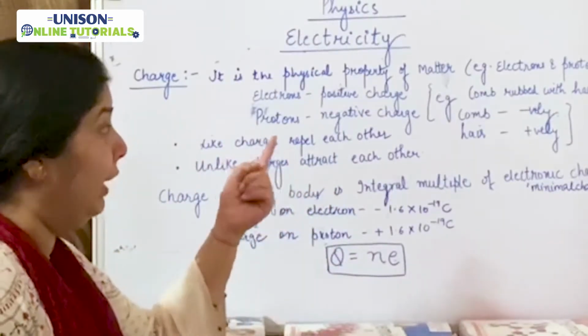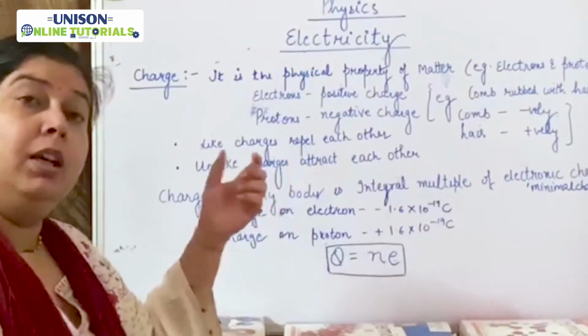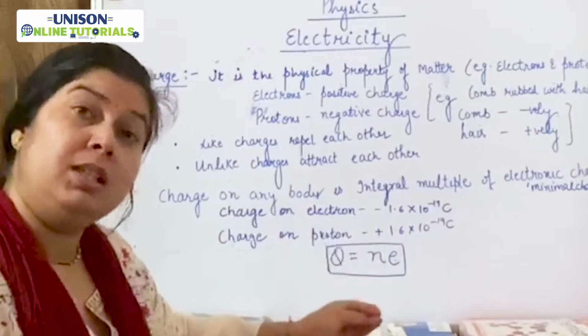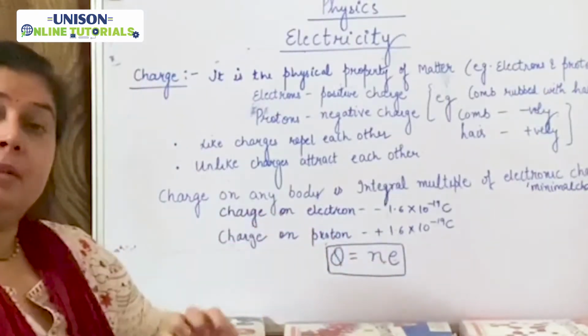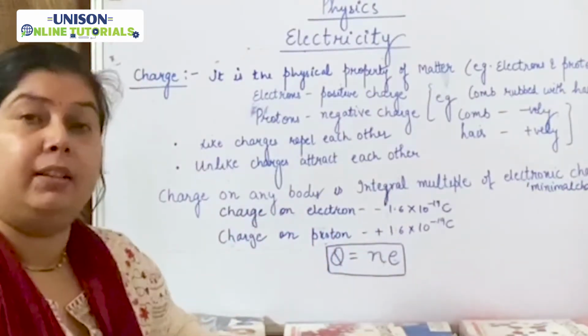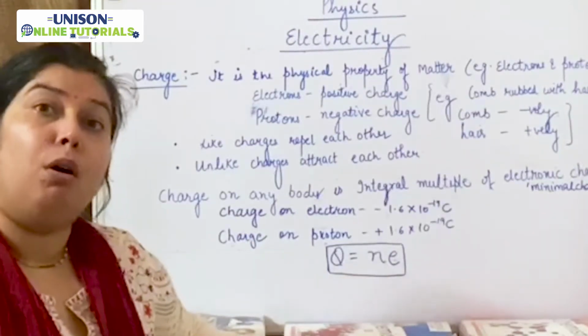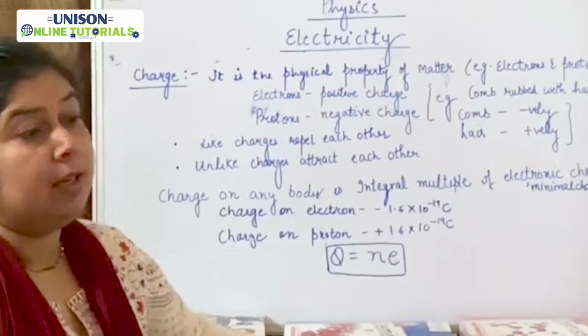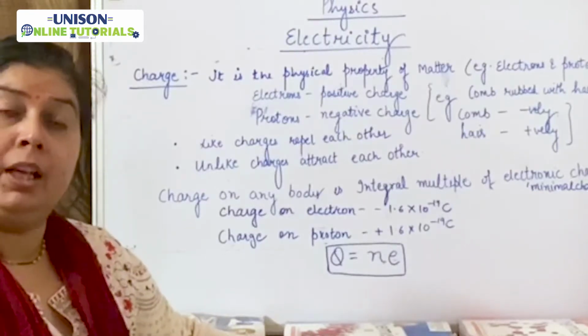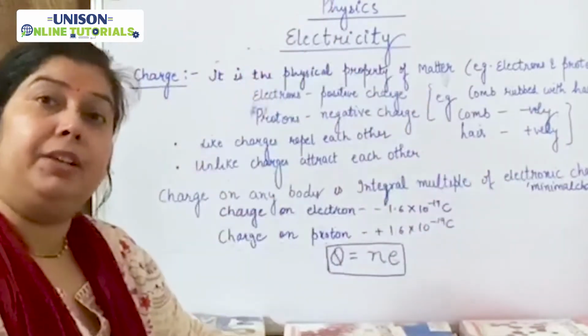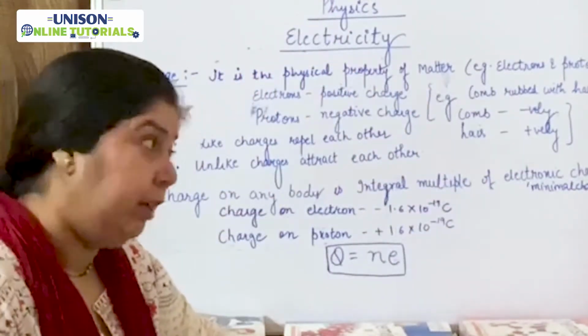और फिर जब आपने नेगेटिवली चार्ज्ड कॉम को you brought that comb towards the pieces of paper which are positively charged, those pieces got attracted. Is it clear? So this is again a flow of electrons. जब electrons flow करेंगे क्या produce होगा? Charge, and hence electricity. Is it clear?